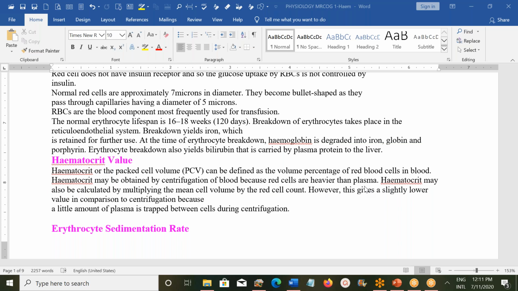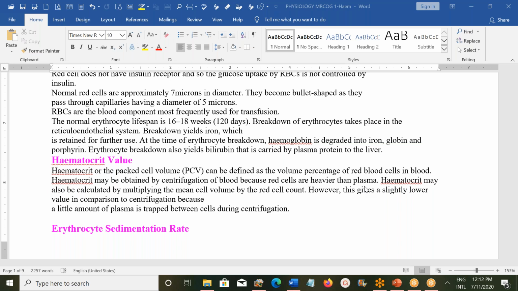Hematocrit may also be calculated by multiplying the mean cell volume by the RBC count. However, it will yield a slightly lower value than the actual value obtained by centrifugation because a little amount of plasma is trapped between the cells during the centrifugation.